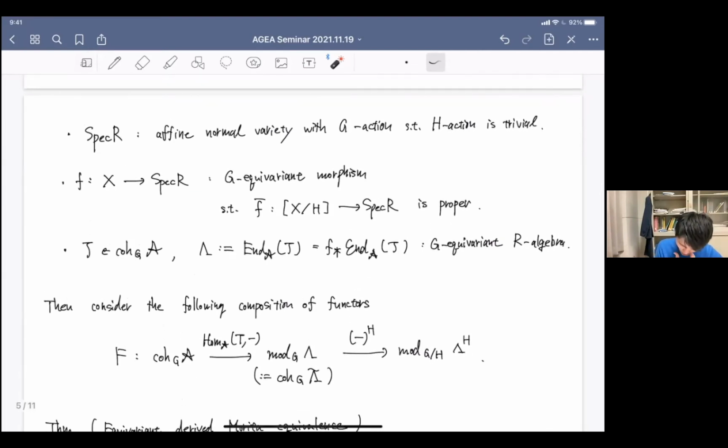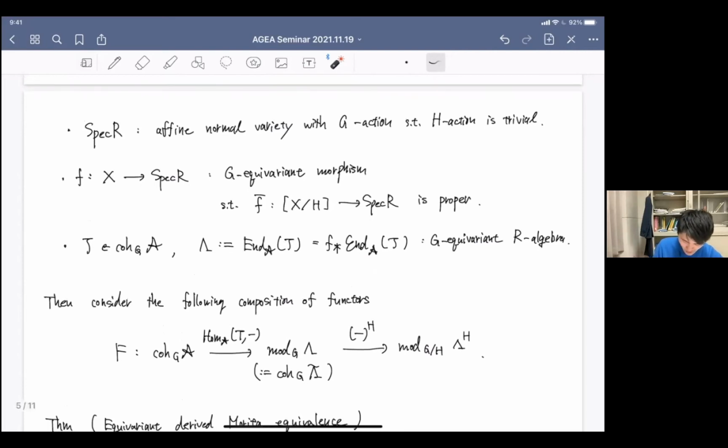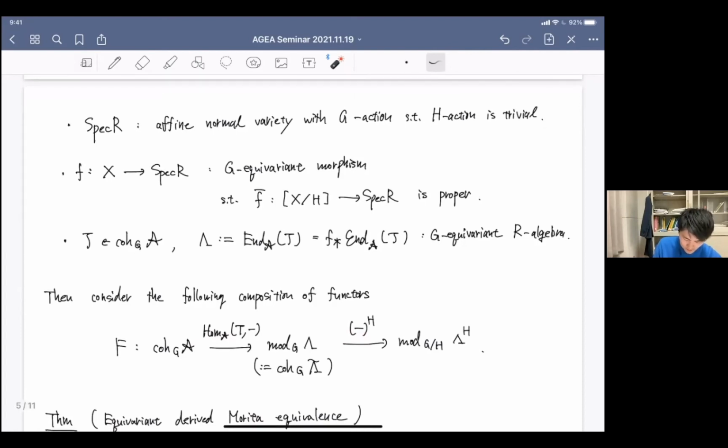Then we consider the following composition of functors, which we denote by F. So F is a composition of Hom T and taking the H-invariant part. So then we have a functor from this to this.